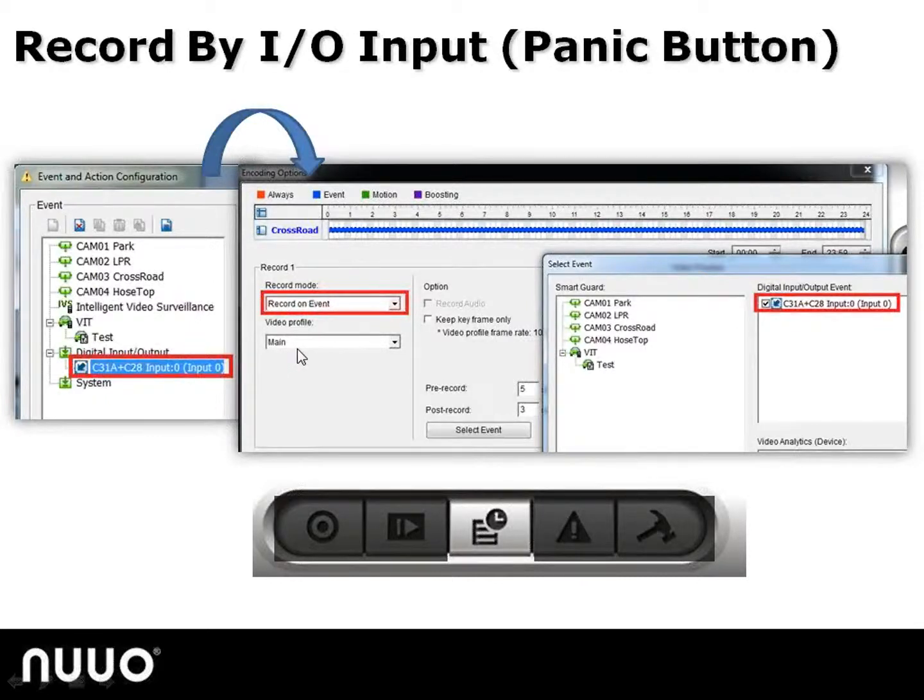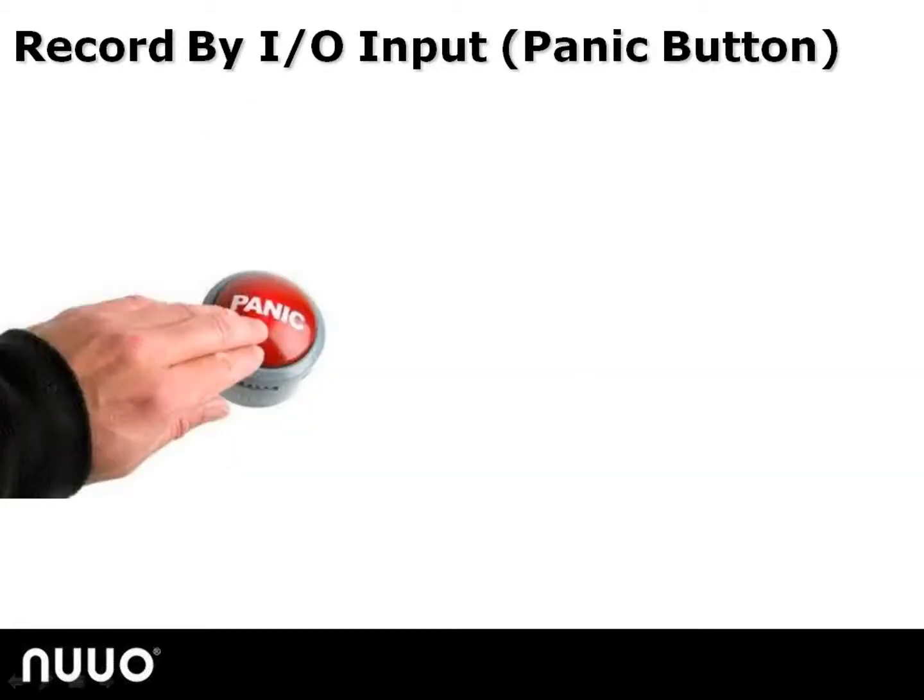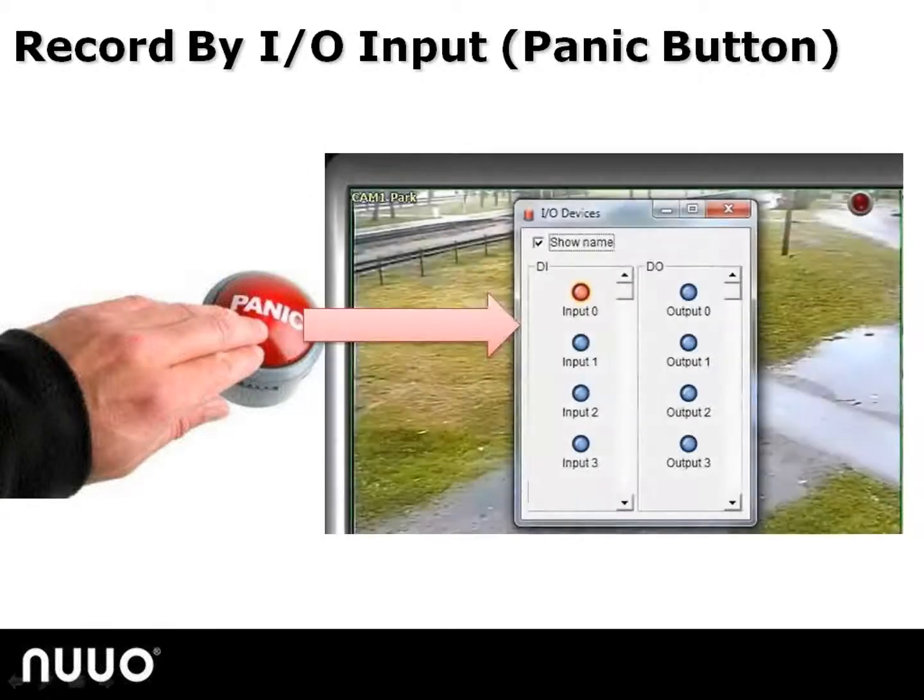The main video profile means the main console receives the video streaming from the first stream of this IP camera. Then click the Select Event button and choose Input 0. So you can see that after pressing the panic button, the I/O input 0 shows red, and the main console starts to record.